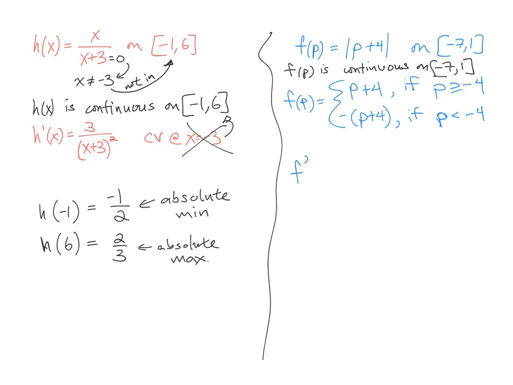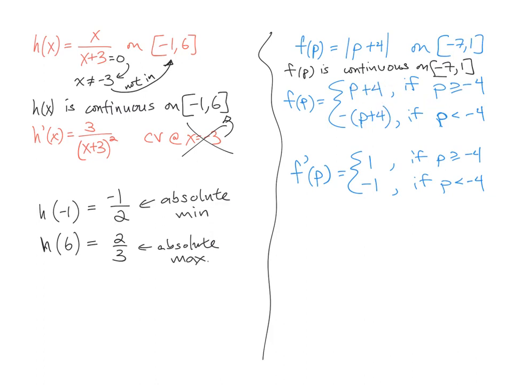We can find f prime of p equals 1 and -1. Again, this is for if p is greater than or equal to -4 and if p is less than -4. So we don't have to worry about taking the derivative of this side of things. This is just telling us where the derivatives will exist, just like where these functions exist.